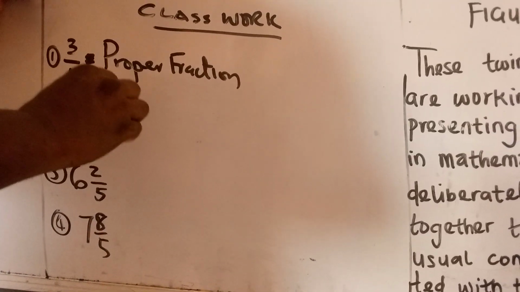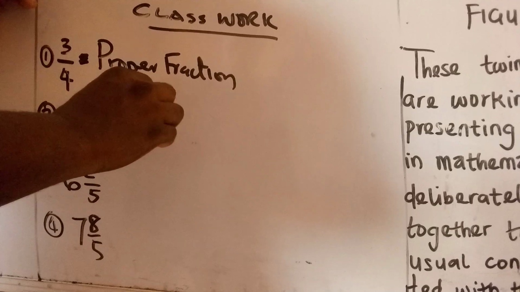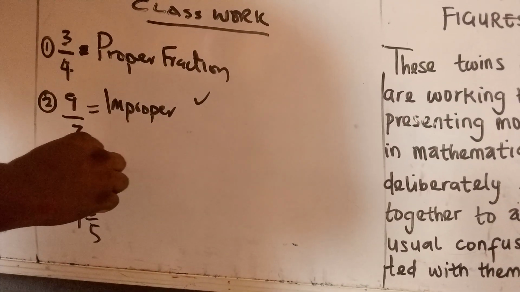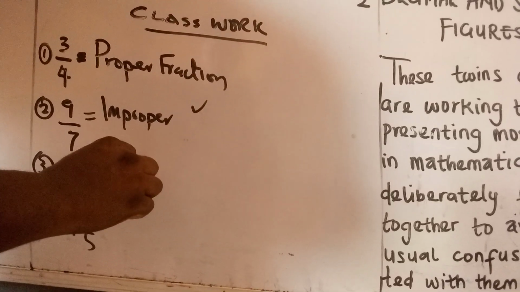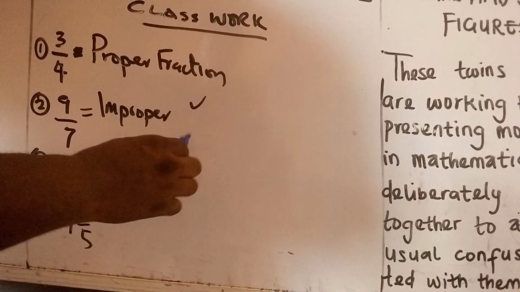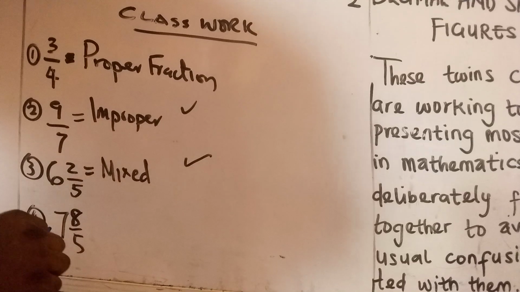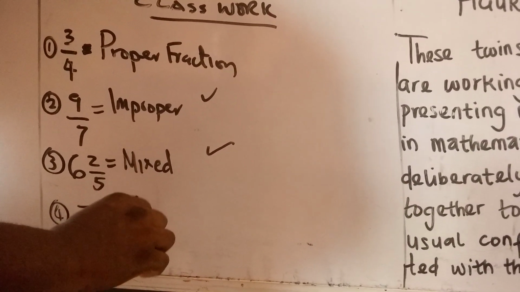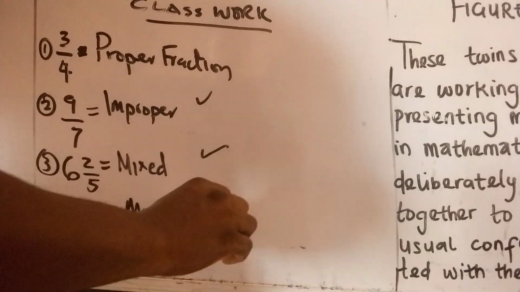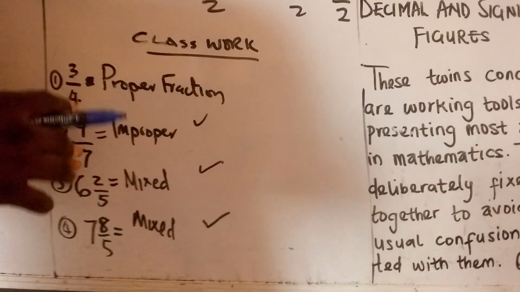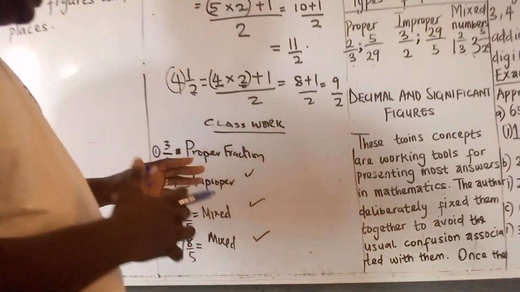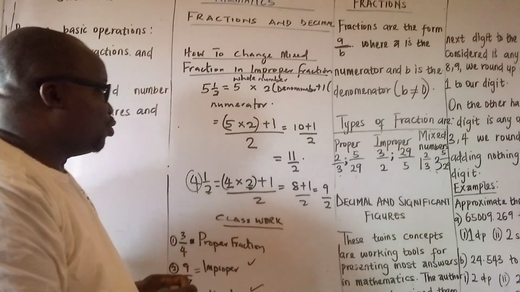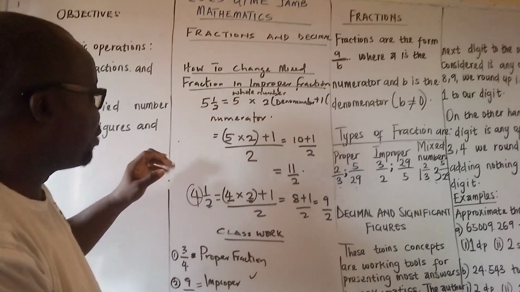This is an improper fraction. And this is 6, whole number 2 over 5. This is a mixed fraction. And this is 7, whole number 8 over 5, also a mixed fraction.